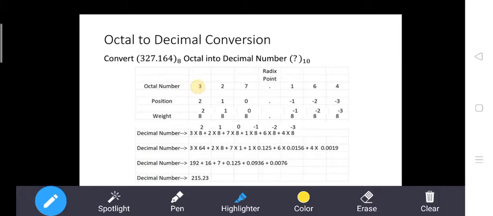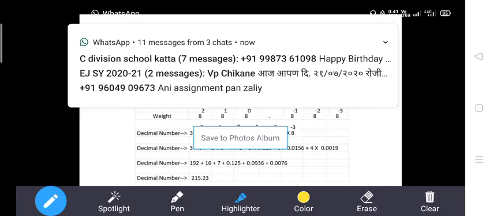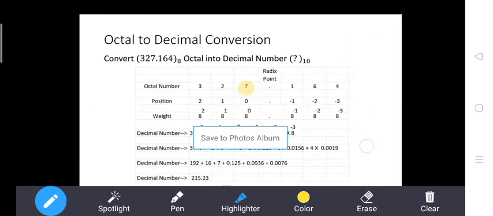So 3 into 8 raised to 2, first term, plus 2 into 8 raised to 1, plus 7 into 8 raised to 0, plus 1 into 8 raised to -1, plus 6 into 8 raised to -2, plus 4 into 8 raised to -3.